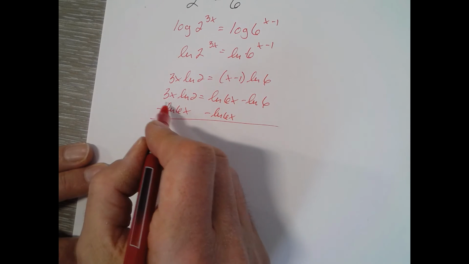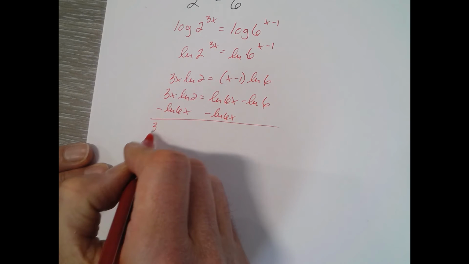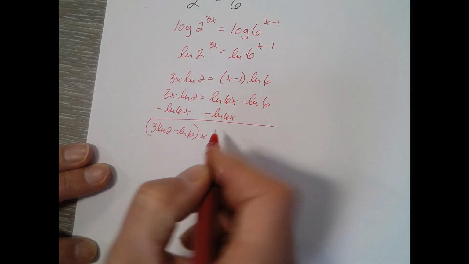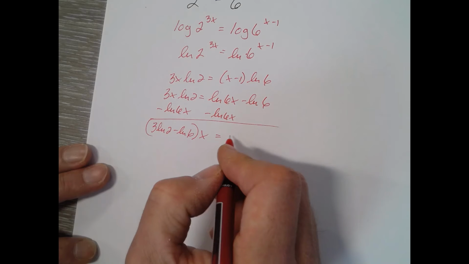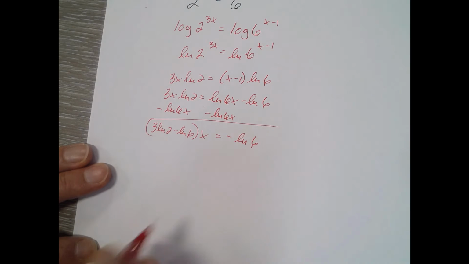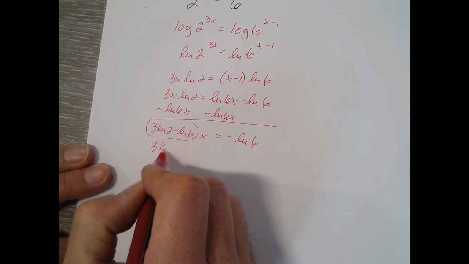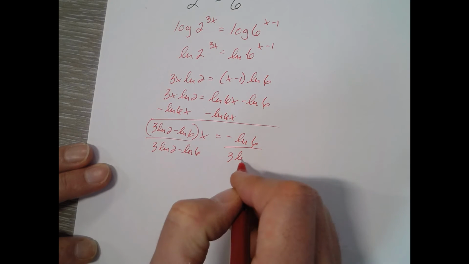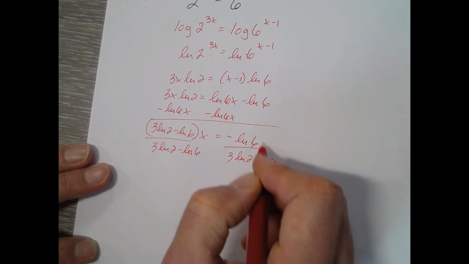So how many do I have? A 3 natural log of 2 minus natural log of 6. That's how many x's I have. And then divide by all that stuff. So that's our exact answer.